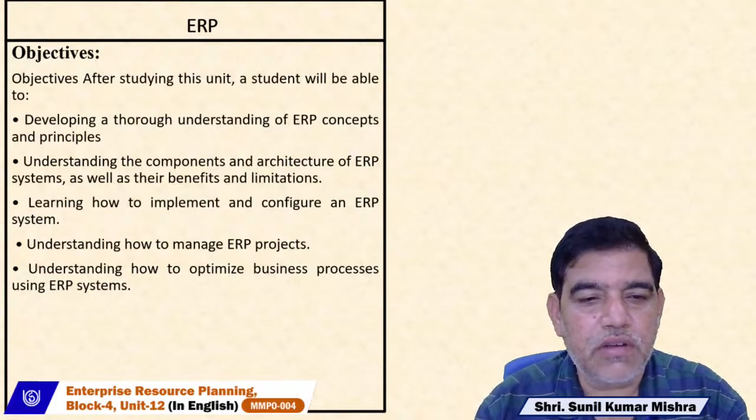A student can also learn how to implement the ERP in an organization, what the steps are, and how to manage the ERP project and how to optimize the business processes using ERP system.